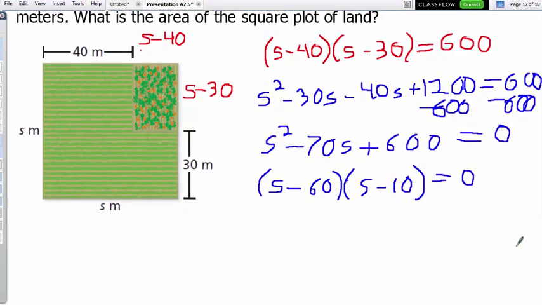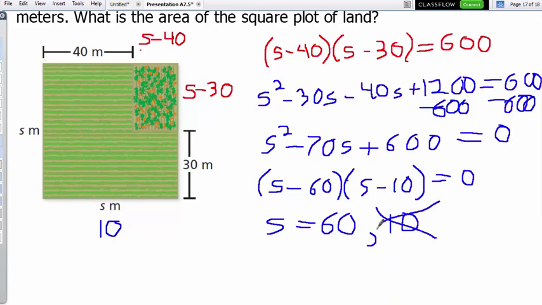So if you remember the shortcut on this, my possible solutions for this are going to be change the sign when you take it out, change the sign when you take it out. When I look back at the problem, would it make sense for this side to only be 10 if I have to take away 40 from that? So this number is not going to make sense, and my solution has to be that the side is 60 meters.